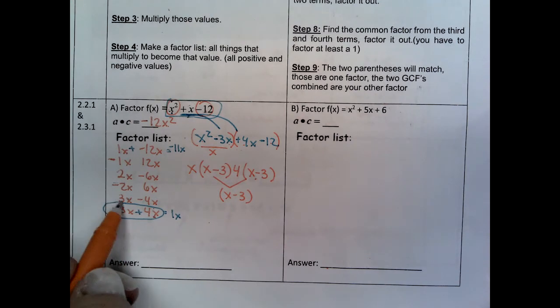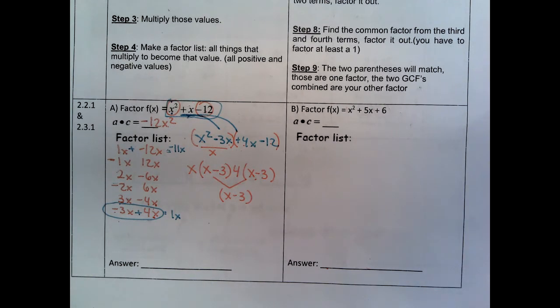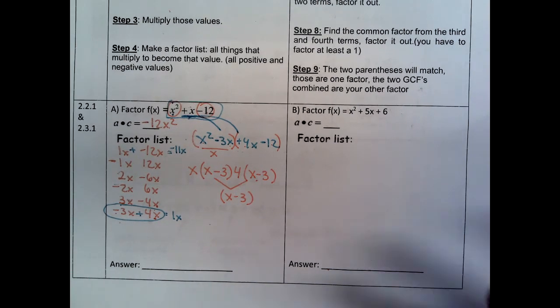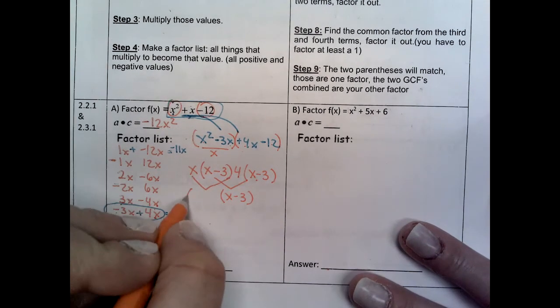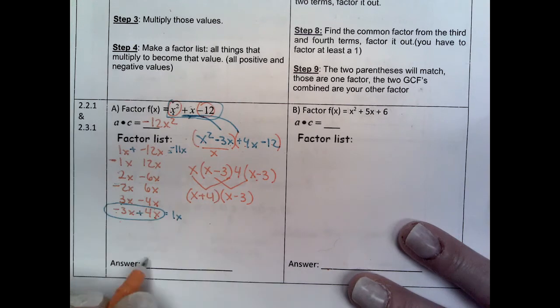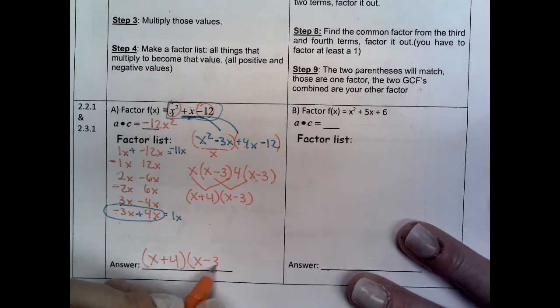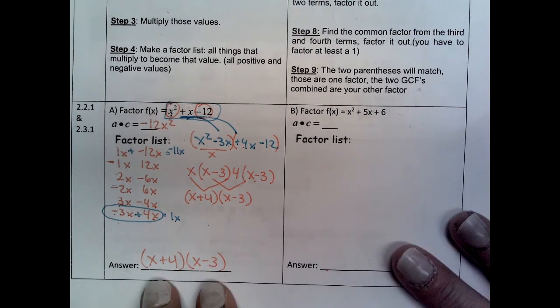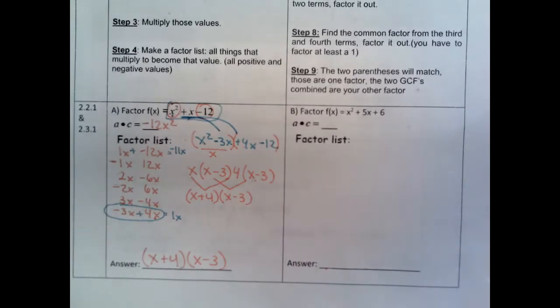So you may have chosen 3x and negative 4x, or you may have put all negatives instead, or forgotten to do the negatives. So that's the first thing you would double check. And then I have x plus 4. So my 2 factors then are x plus 4 and x minus 3. So if I were to FOIL these back together, I would get this answer right here.